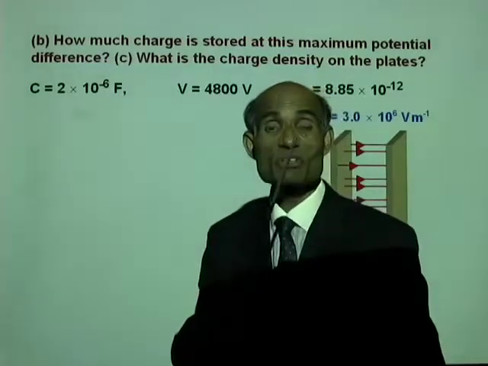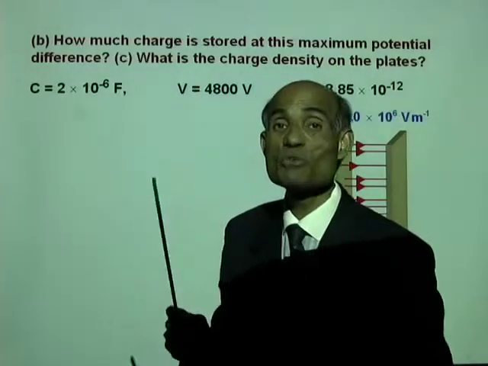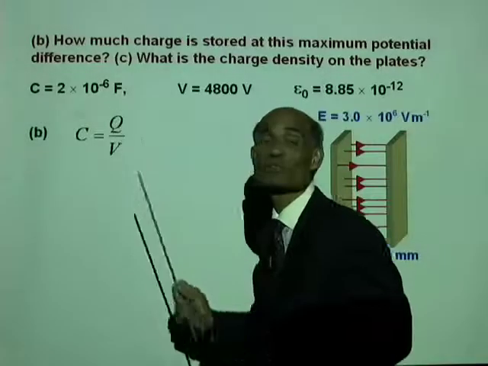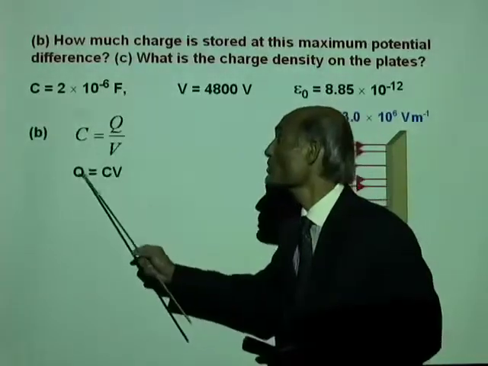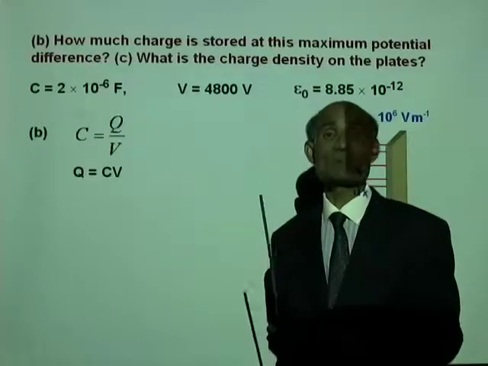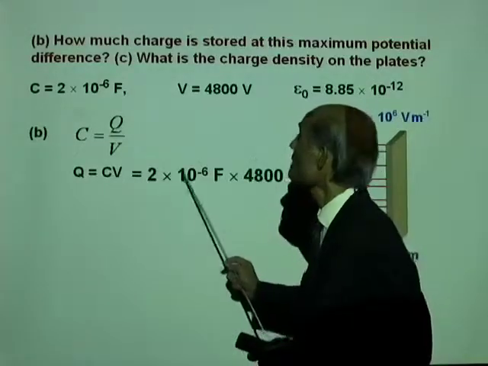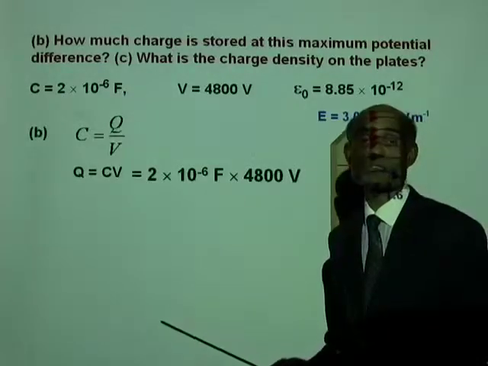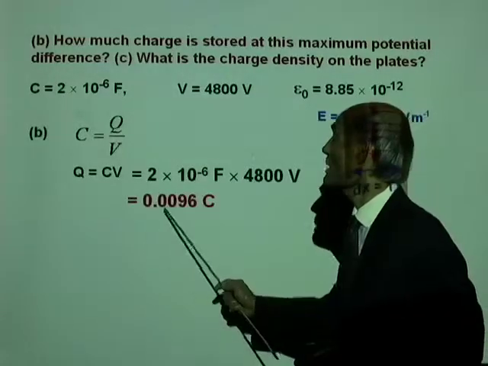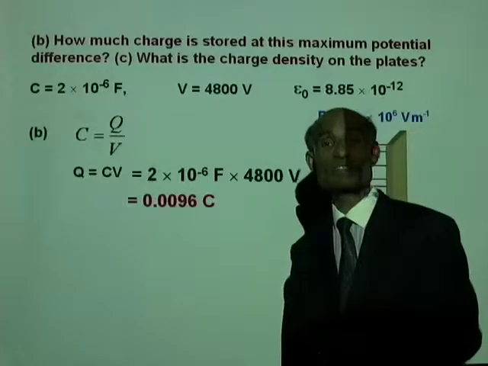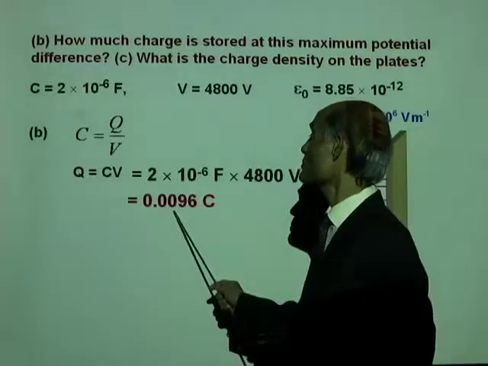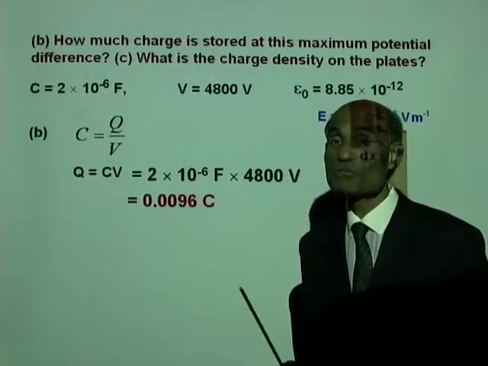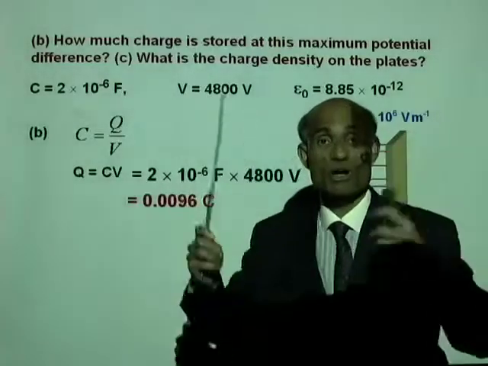Because the definition of C is C equal to Q over V, therefore Q equal to C times V. We got a C, 2 times 10 to the negative 6. We just calculated V, 4,800 volts. Therefore, the amount of charge on the capacitor at that time is 0.0096 coulombs. Again, you notice that a coulomb is a very large amount of charge.